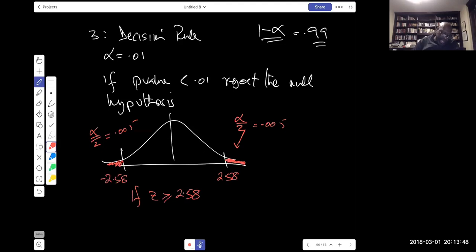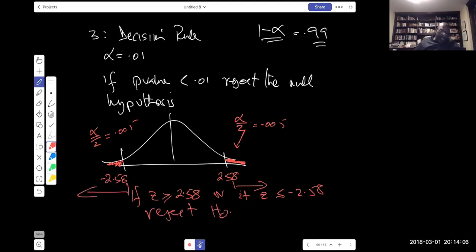And so if Z is greater than 2.58, that means we're in this part of the rejection region. Or if Z is less than negative 2.58, we will reject the null hypothesis. In that case, we're down in the bottom part of the rejection region. So that would be the critical value approach, or the p-value approach.